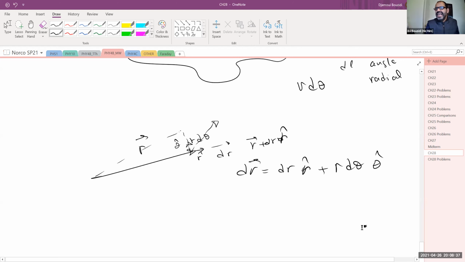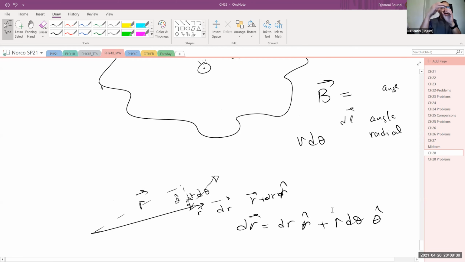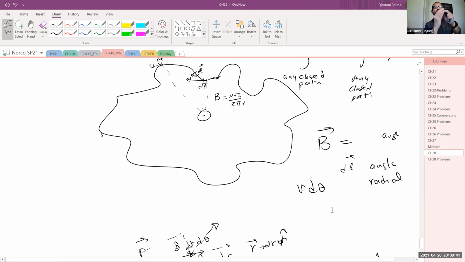Since the vector B is always given by the right-hand rule, no matter how far we are, when we are close to it, it's this way. If you are far away from it, it's still circulating around it. So B itself is along the theta hat direction. dL can be both, so when I said earlier, that's not correct.